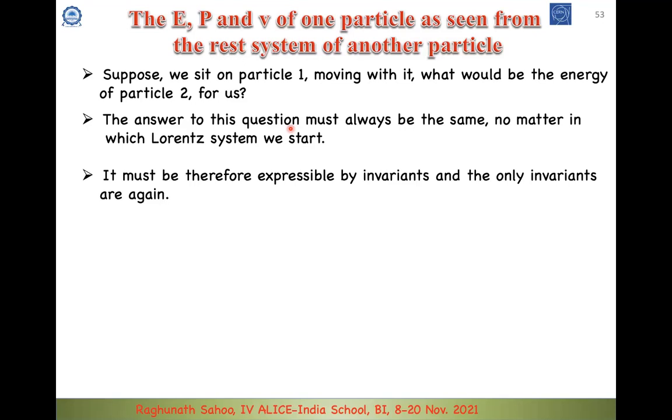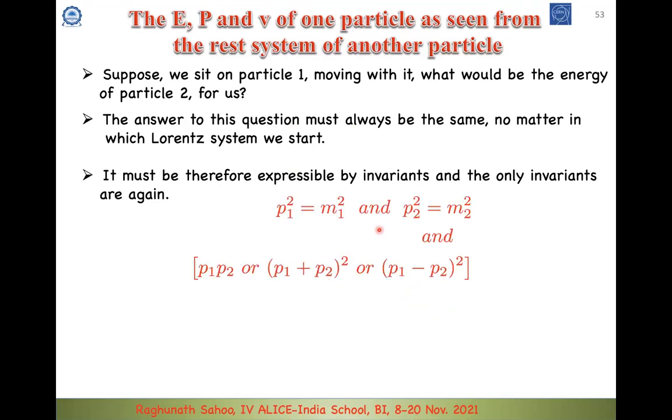To answer this question, it is always the same no matter which Lorentz system you start with, because we have seen this in our earlier deliberations, and it must therefore be expressible by invariants, and the only invariants in hand are the same things which I discussed. So in the two particle system I have all these invariants in hand.